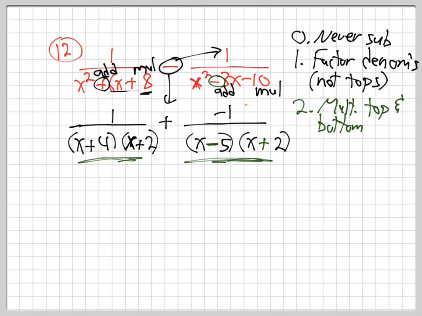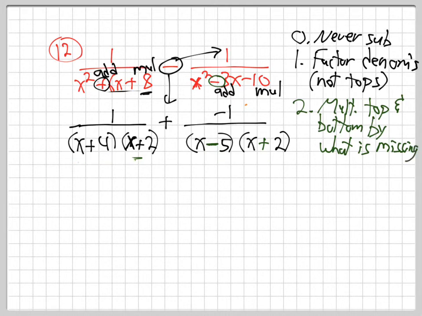The denominators must match. So multiply top and bottom by what is missing. What is missing? What the other denominator has. x plus 2. So look at this denominator and compare.